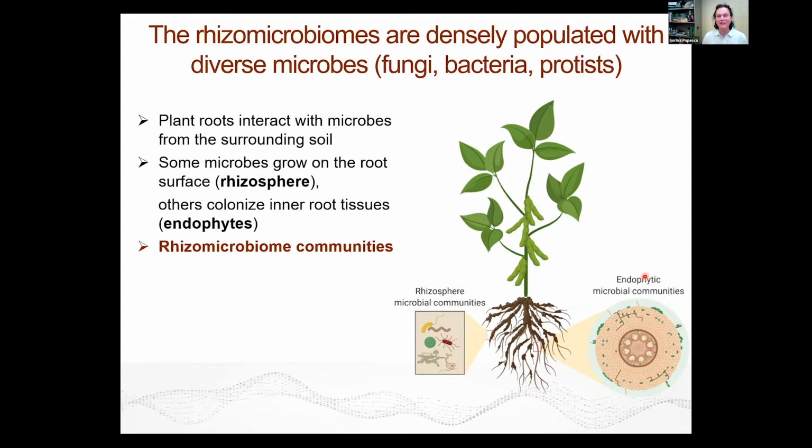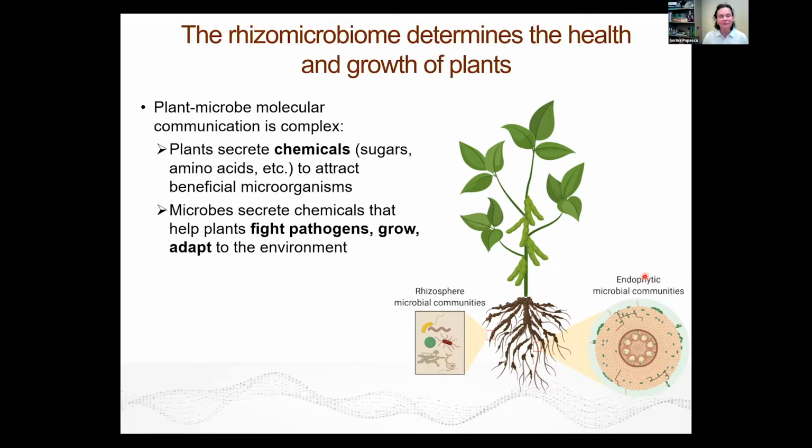So many names for the same thing, basically. So the microbes that are interacting with plants can be fungi, can be bacteria, oomycetes, protists, so all kinds of microbes growing in very dense communities associated with plant roots.